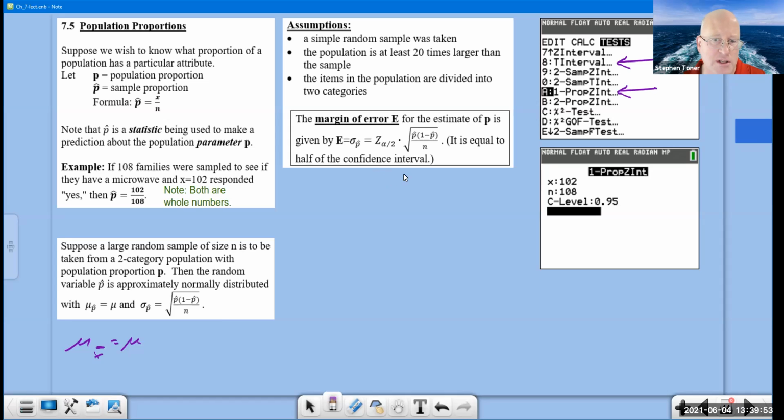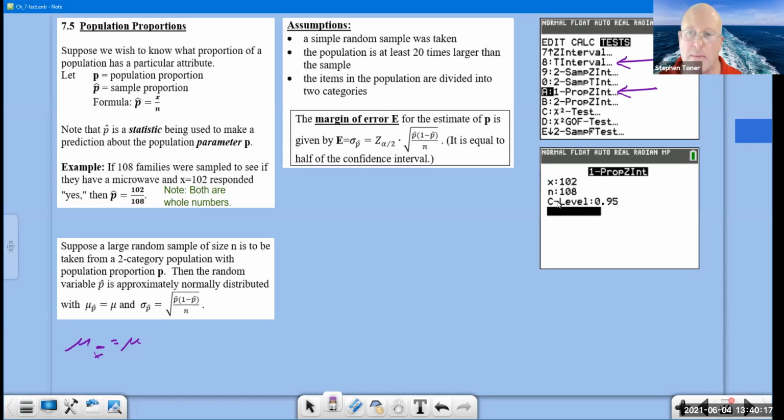Now, as far as this formula for the margin of error for an estimate of the proportion, here's the actual formula, which we'll never use because it's a lot easier to find the confidence interval and divide it by 2, as I showed you in the previous video when we were finding the margin of error for a confidence interval involving the mean.